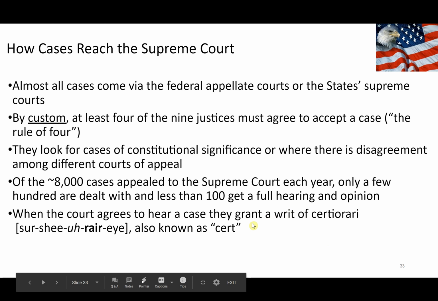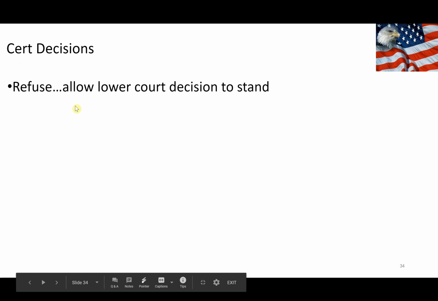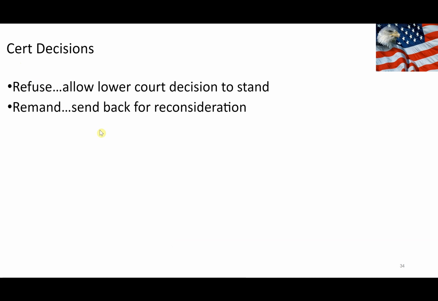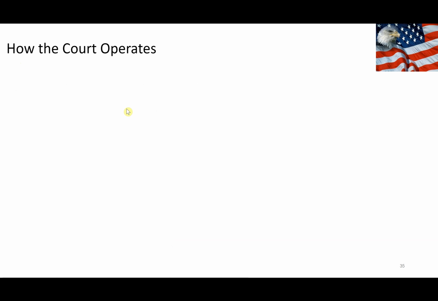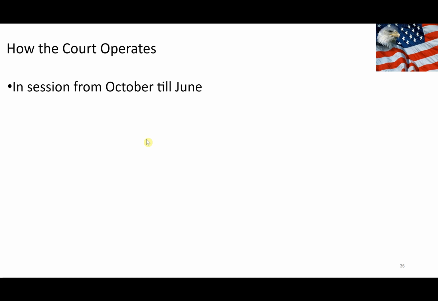When the court agrees to hear a case, they grant a writ of certiorari, also known as a cert. If they refuse to issue a cert, they allow the lower court decisions to stand. If they remand, they send the lower court's decision back for reconsideration. If they decide to go forward, the Supreme Court takes on the case.